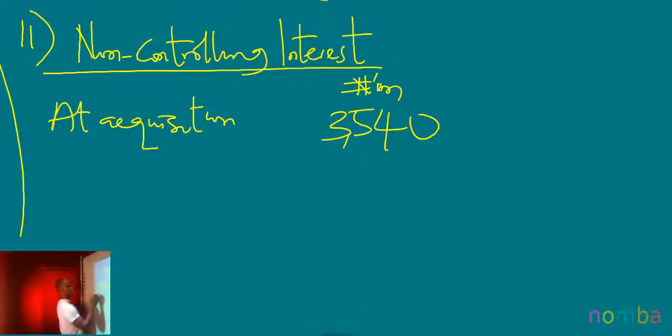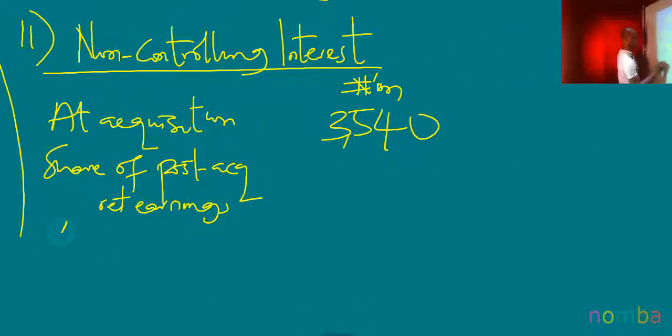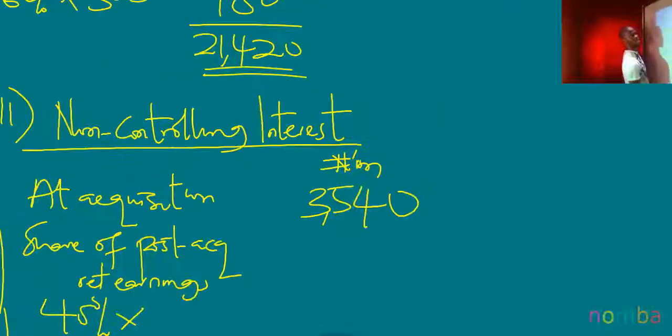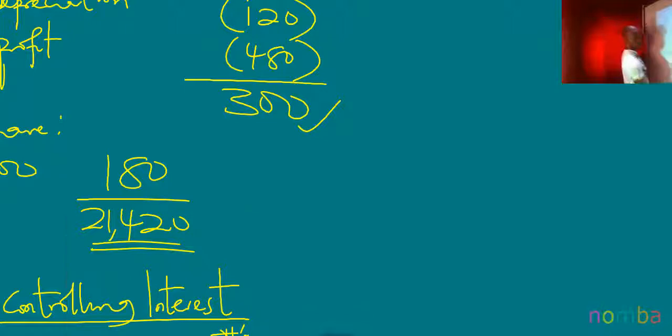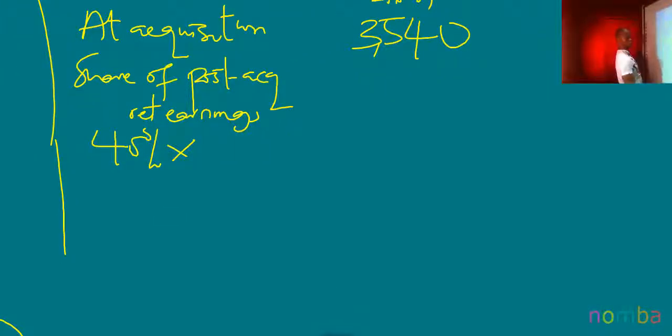So we'll add his share of post-acquisition retained earnings, which will be 40%. And the post-acquisition retained earnings as determined up here was 300 million. So multiply 40% by 300.